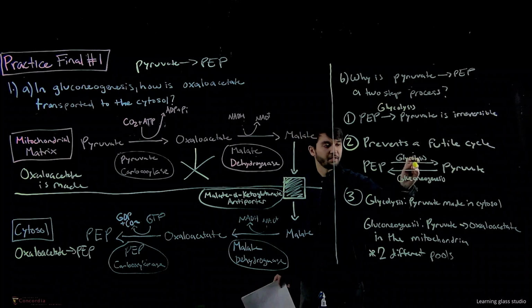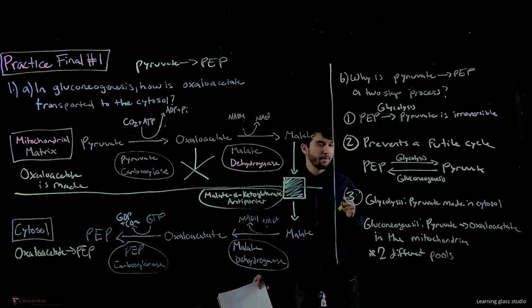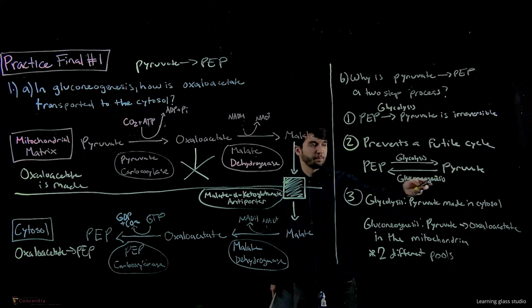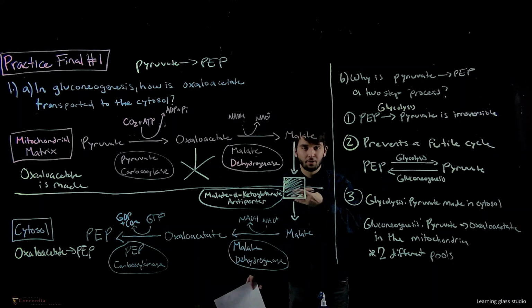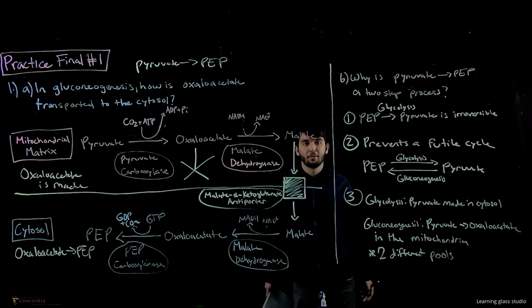If glycolysis and gluconeogenesis were the same thing, if they weren't regulated in some major way, as soon as pyruvate was made by glycolysis, it would just be converted right back into phosphoenolpyruvate in gluconeogenesis. So by having this two-step process, we are preventing this futile cycle where as soon as we make pyruvate, we immediately use it up in gluconeogenesis, meaning no net change in the concentration of either of these, which would not be good for the citric acid cycle, which requires pyruvate.